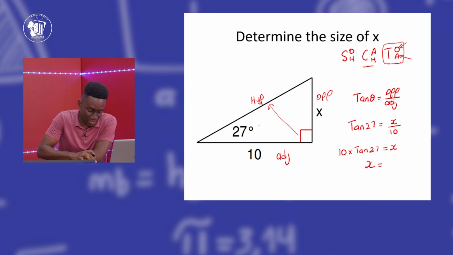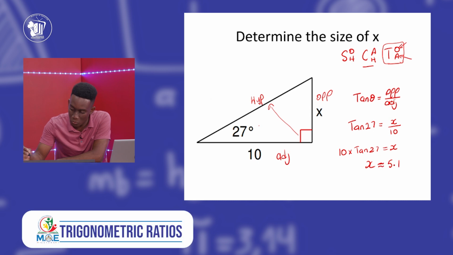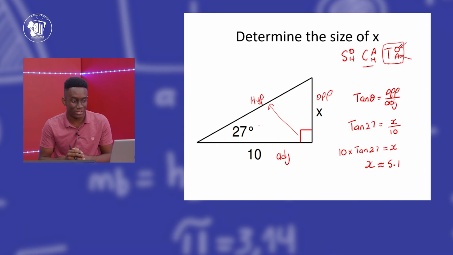That would give us, when we punch it in our calculator, approximately 5.1. So the value of x is approximately 5.1, or if you round off to the nearest whole number, approximately 5. And that is how we answer these kinds of questions.